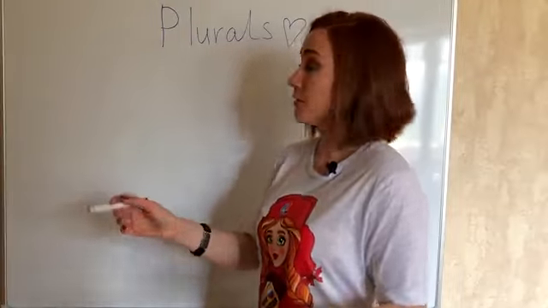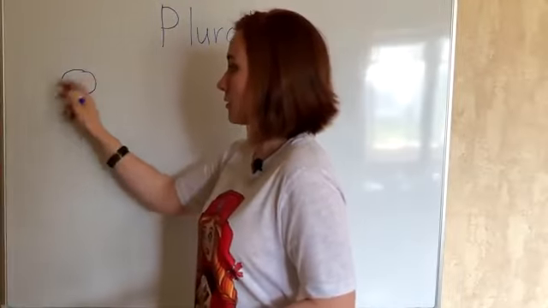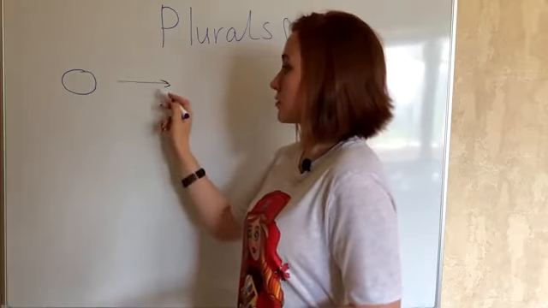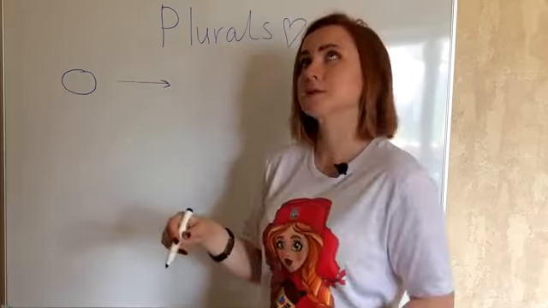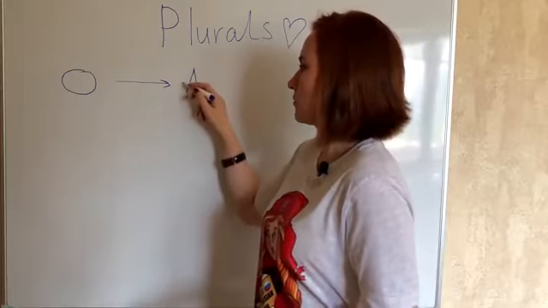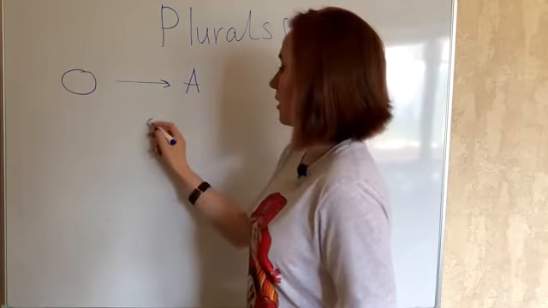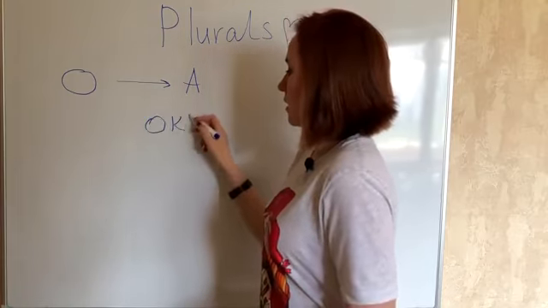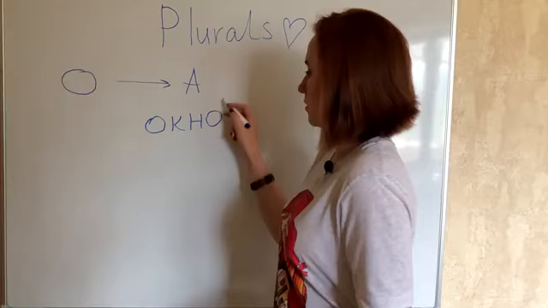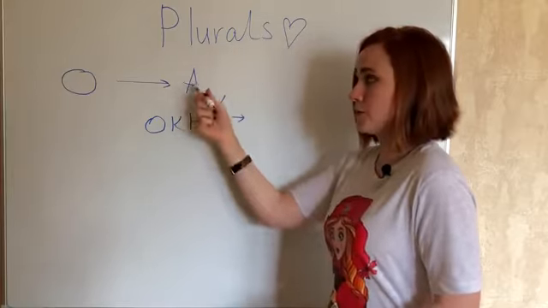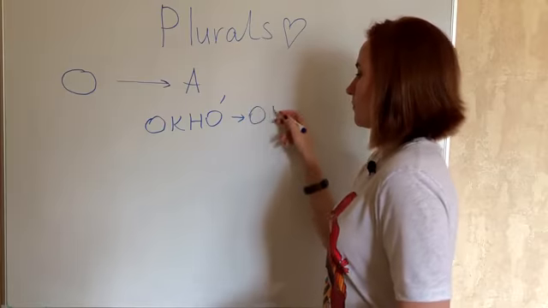Now, what to do if you have O in the end? O turns to A. O, A. For example, a window. Окно turns to окна.